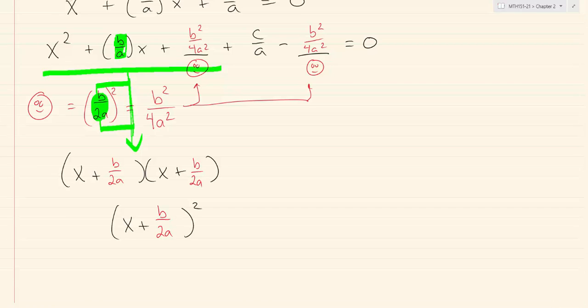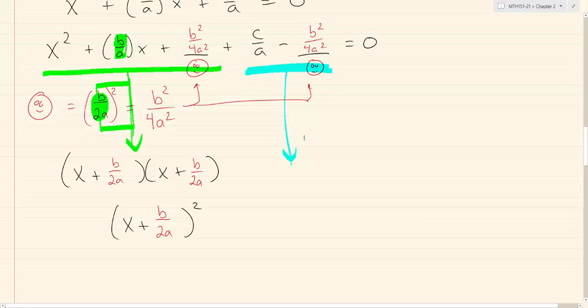And now we've got to figure out the second half over here. What does this become? Those look like two fractions. I've got c over a, and then I also have negative b squared over 4a squared. In order to add fractions, I need a common denominator, right? And so I need to multiply that c over a by something. So I'll multiply by 4 over 4, and I need another a because this is a squared, so I'm going to multiply by 4a.